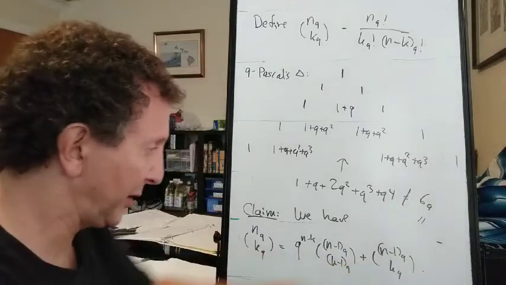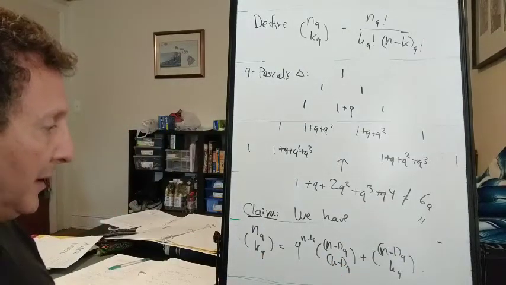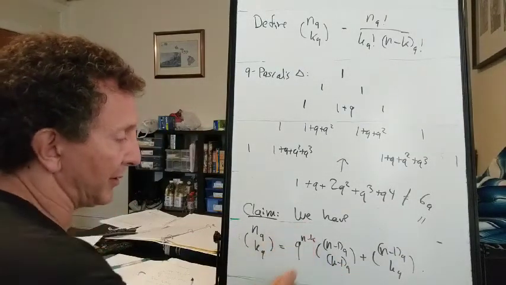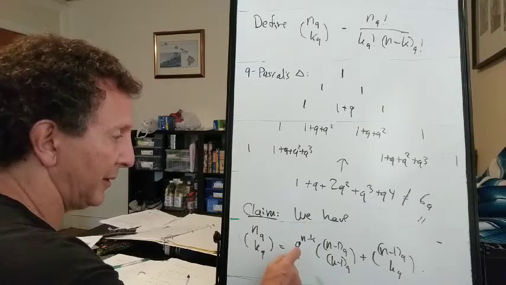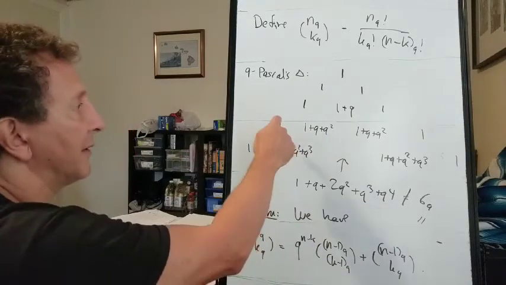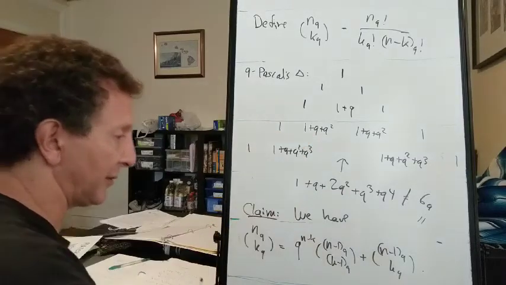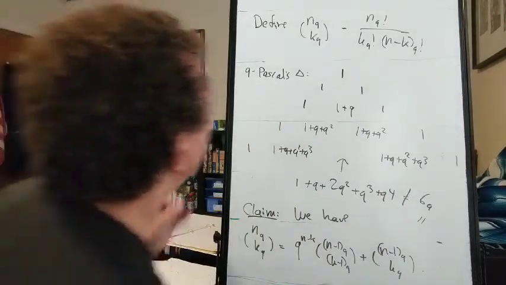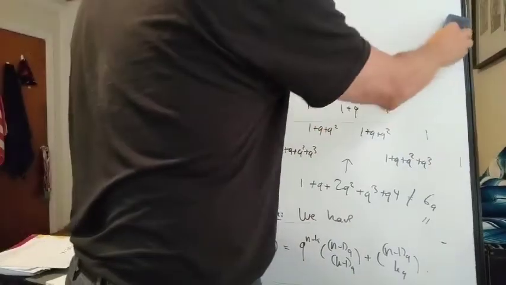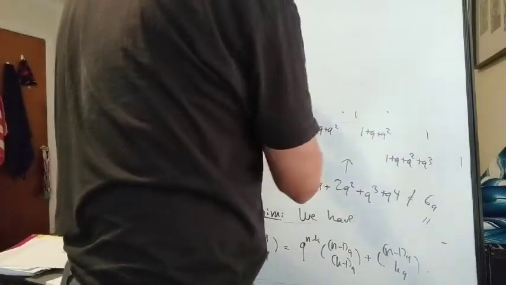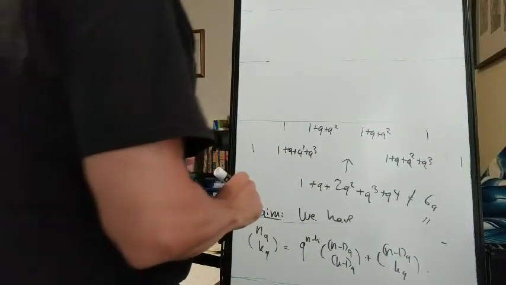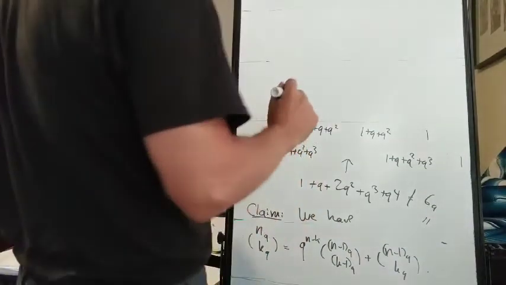So we don't need a power of q there. So it's almost like the regular recurrence, except that we've got a power of q next to the left number that we're going to add if we're adding two things together. And we can prove this just by plugging and chugging.